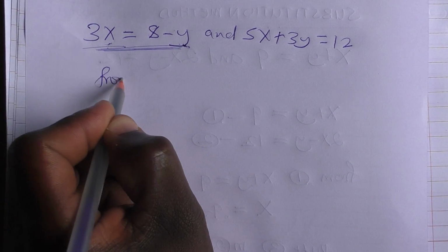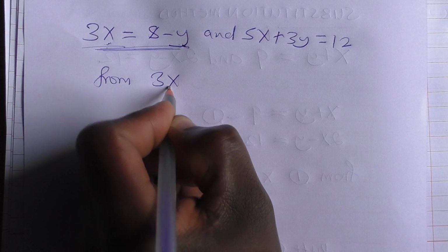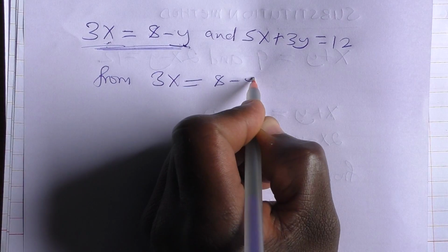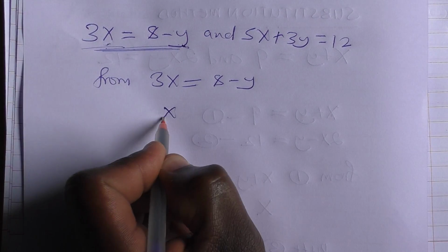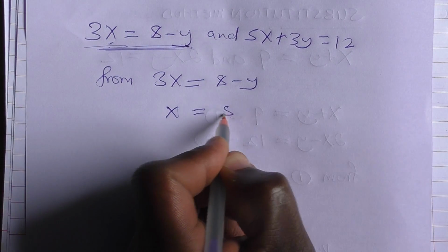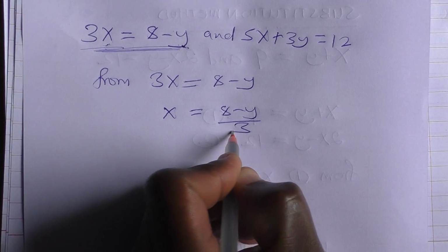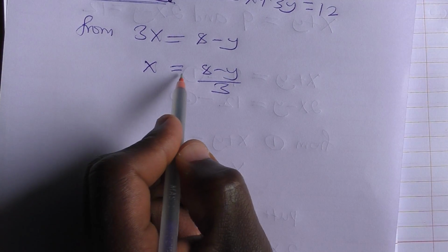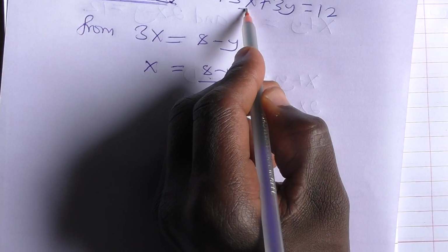So from 3x equaling 8 minus y, that means that x equals 8 minus y over 3. And I'll substitute this in my second equation.